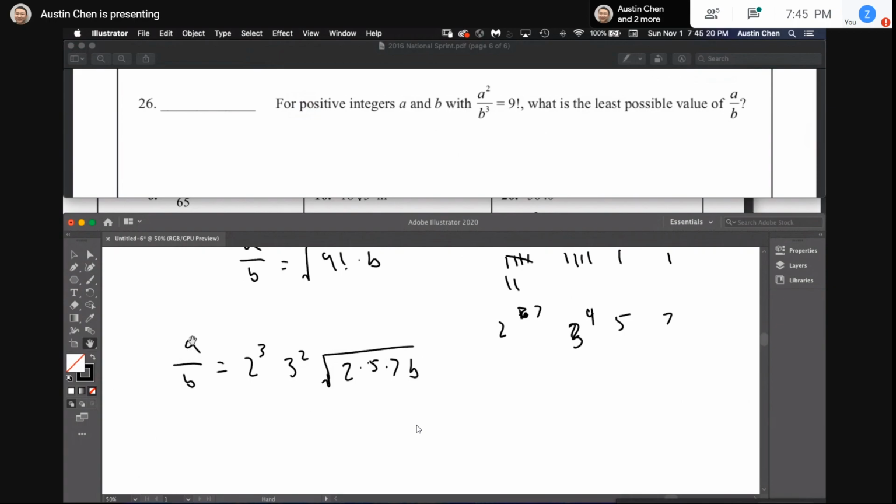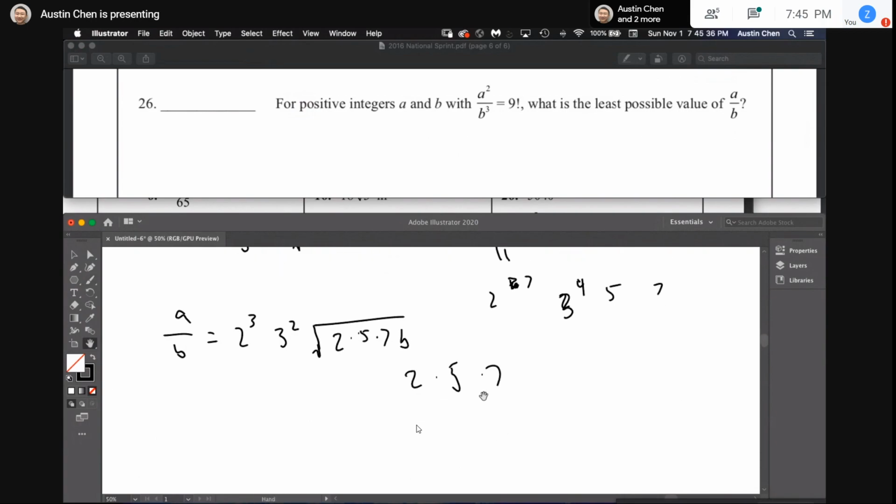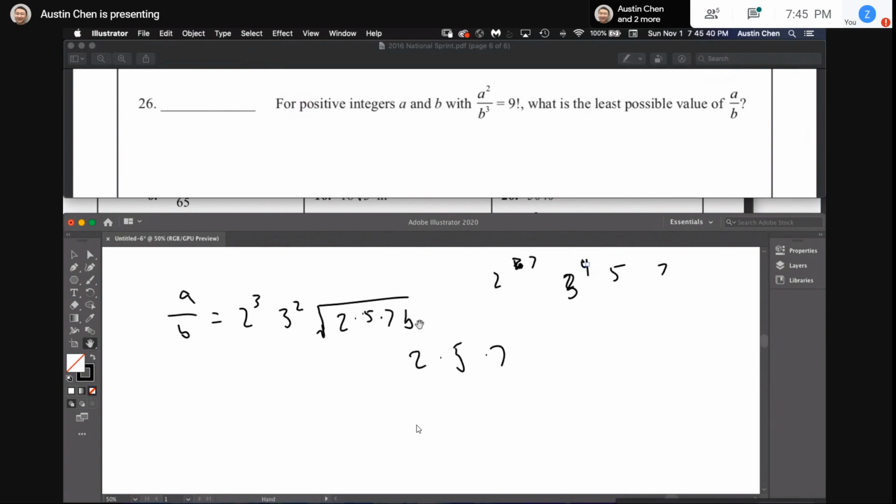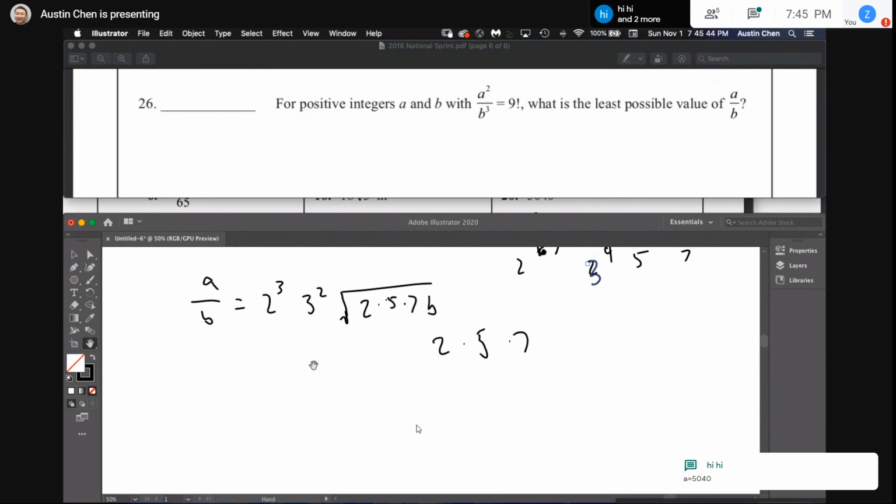We're never going to get radicals out of this. So what does that mean? That means b has to have at least 2, 5, 7, and it could have more. But would more help? Maybe not. We can look at that. So we should just go ahead and use this 2, 5, 7.